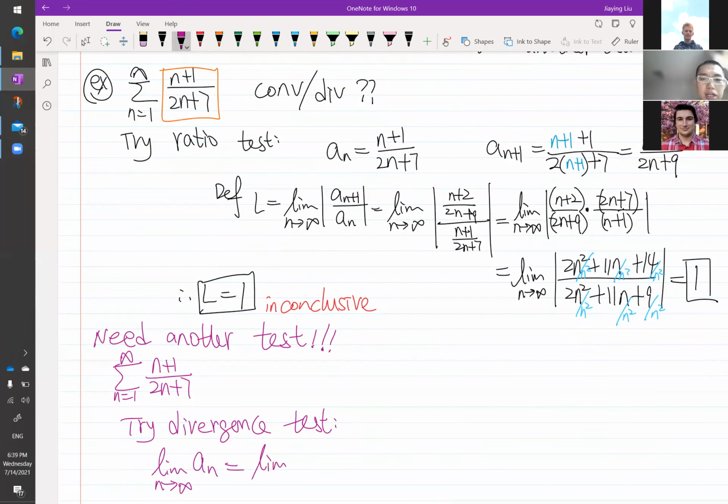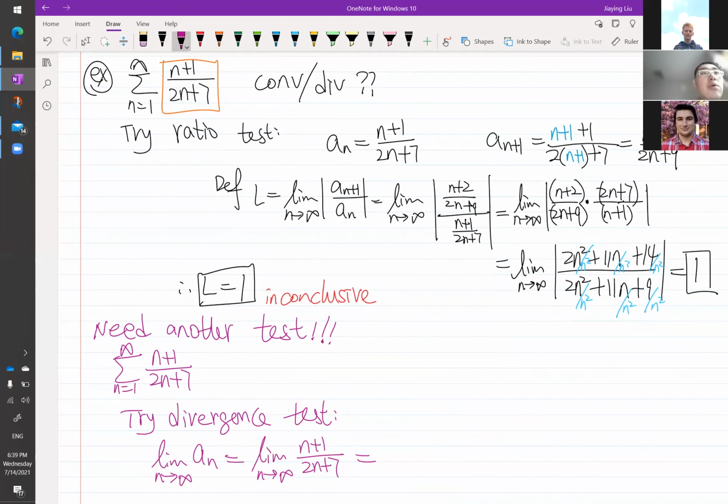So if we take the limit of a_n as n goes to infinity, (n+1)/(2n+7), someone please tell me what the limit is. It's very similar to this part that we did, right? So 1 over 2? 1 over 2, exactly. So that is the limit of a_n.